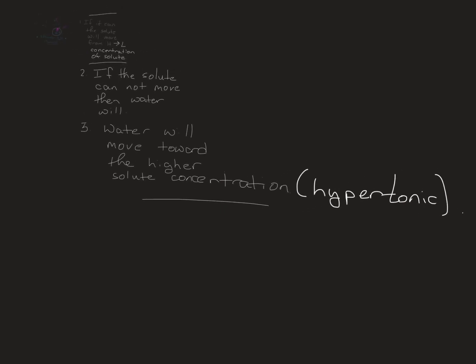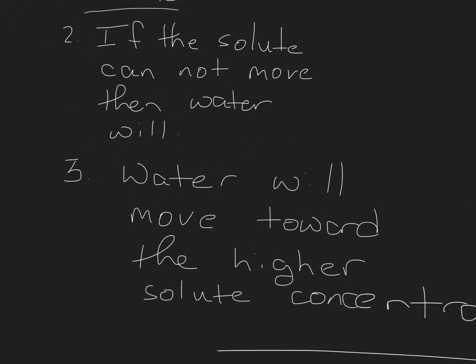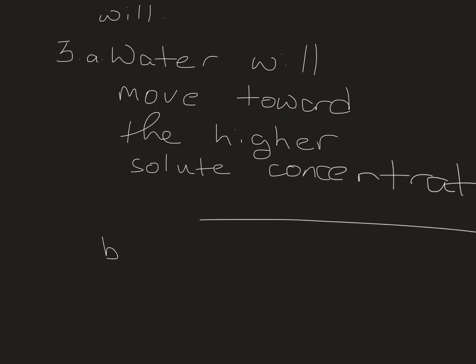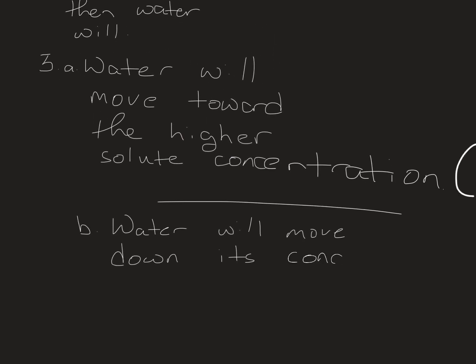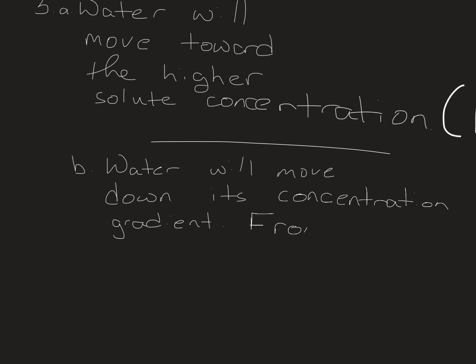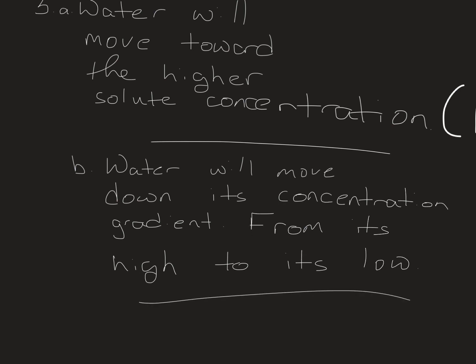There's another way to think of it. Let's call that A; maybe it doesn't work as well for you as B. B is water will move down its concentration gradient.